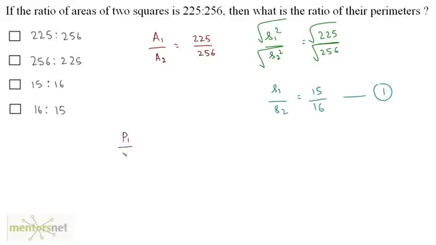So P1 by P2. What is the formula for the perimeter of a square? That is 4 times the side. So for P1 we have 4 times S1 upon, for P2 we have 4 times S2. So this gets cancelled out. This is basically S1 by S2, and that is 15 by 16. So the ratio is 15 is to 16, isn't it? So option C is the correct answer.